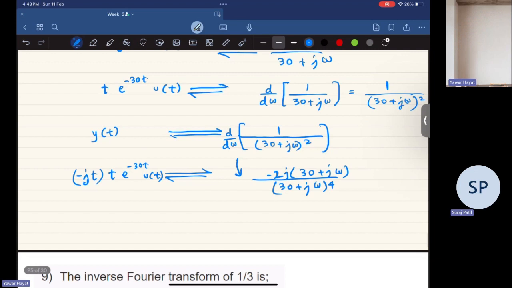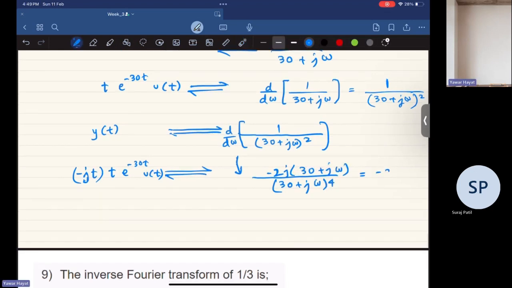Then I would divide, I mean, this would cancel with this 4, leaving 3 in the denominator. So I can write minus 2j whole divided by 30 plus j omega cube. Okay.